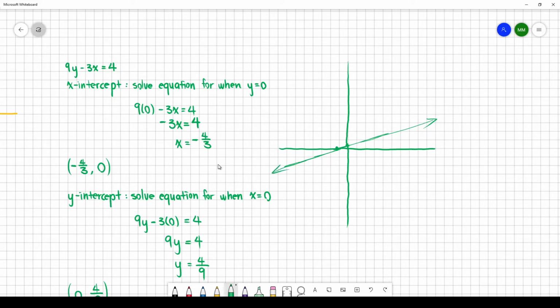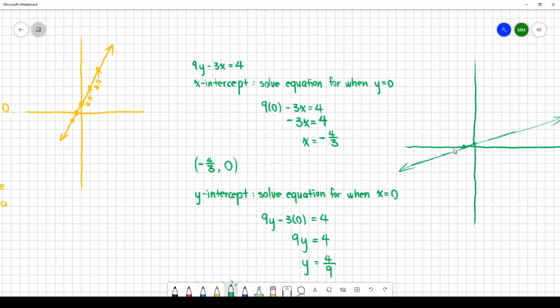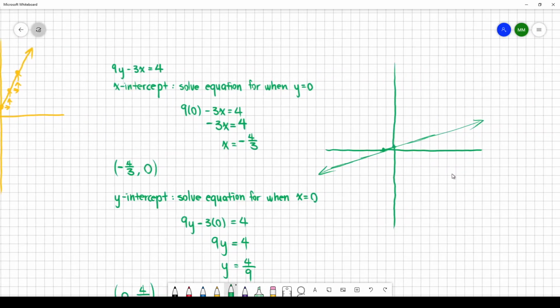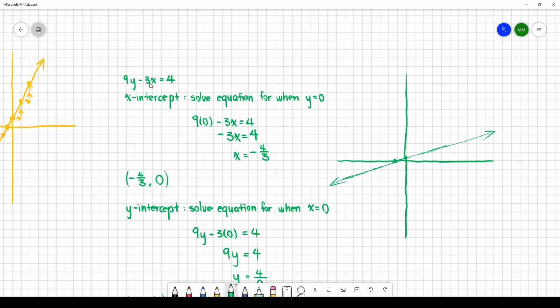So in order to make a decent sketch, what I can do is find a point other than the x and y intercepts on this line, right? So let's see if I can find a whole number point.